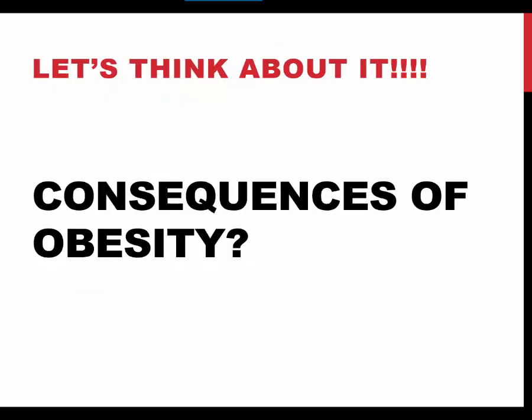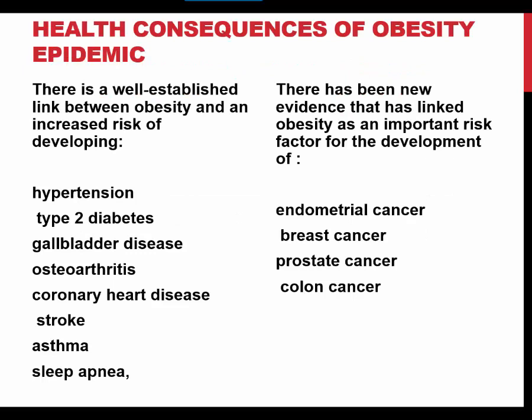The final set of reasons why we consider obesity an issue and not just a trouble have to do with the consequences of obesity. And so, there are well established links between obesity and an increased risk of developing a wide range of diseases, some of which are chronic, some of which are acute. Things like hypertension, type 2 diabetes, osteoarthritis, coronary heart disease, stroke, asthma, sleep apnea.